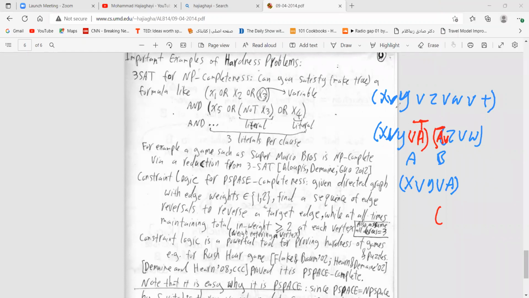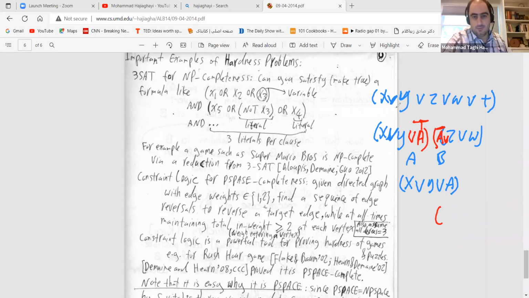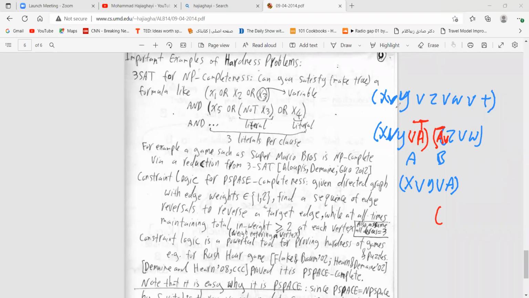We can do the same and do something like divide and conquer until all the clauses have 3 literals. Basically we can add 2 more variables.